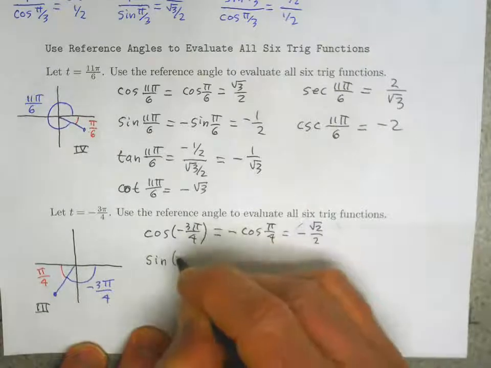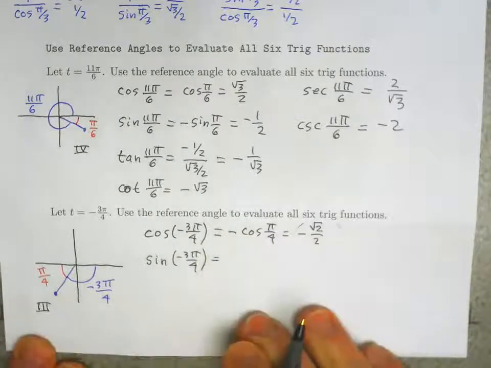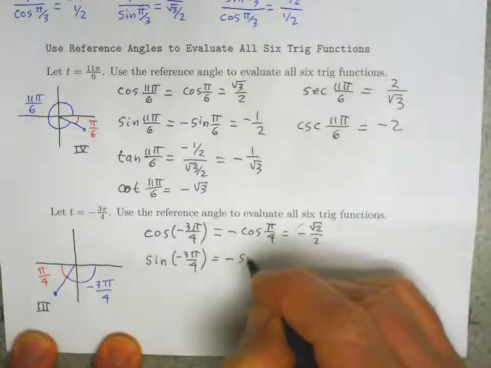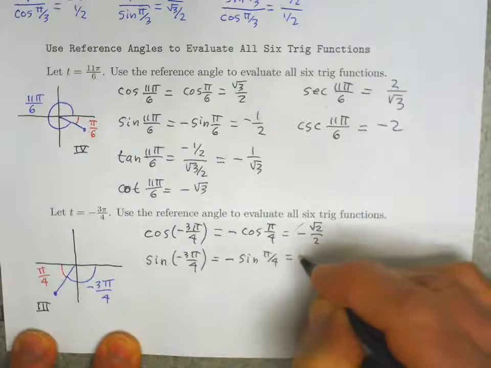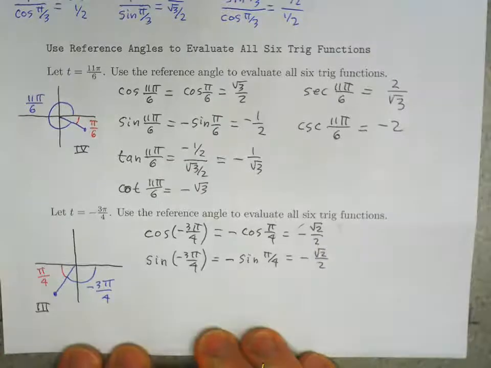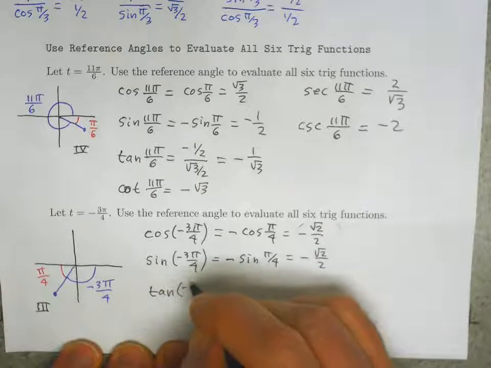Sine of negative 3 pi over 4. Well, sine is also negative in the third quadrant, so this is the negative of sine of pi over 4, which is negative square root of 2 over 2. Tangent of negative 3 pi over 4.